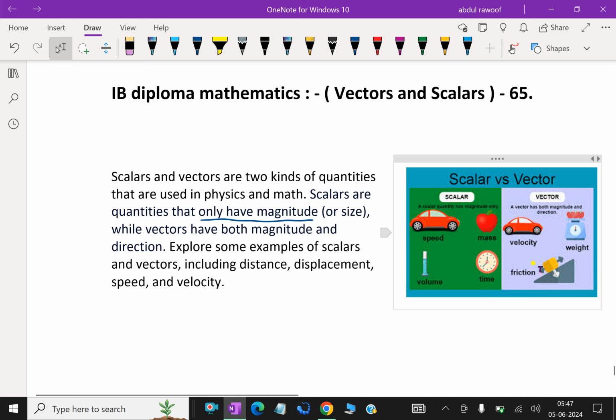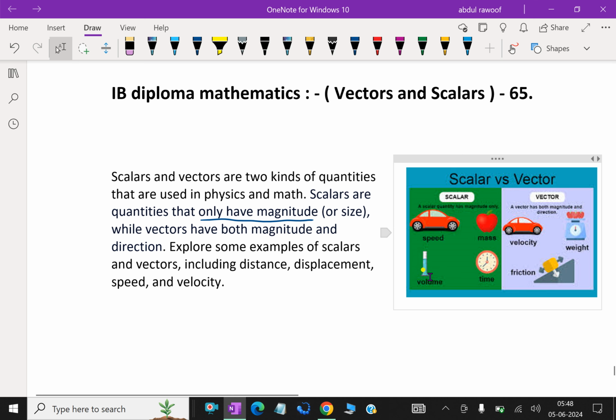Friction is also a vector because if you move an object on a rough floor, that friction has its own direction, just as weight has its downward direction. We can consider forward and reverse directions as well. That means friction is a vector quantity.